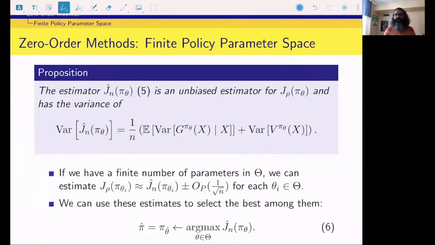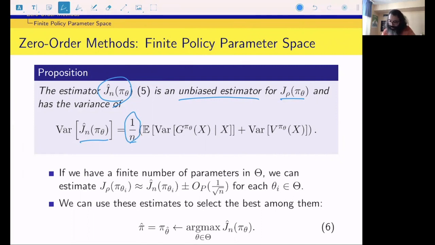So that estimator j hat is an unbiased estimator, and it has a variance which can be calculated. I guess you can take a look at the lecture notes, which I'm going to post soonish. So the variance of j hat of n would be 1/n times something. So we have this 1/n behavior.